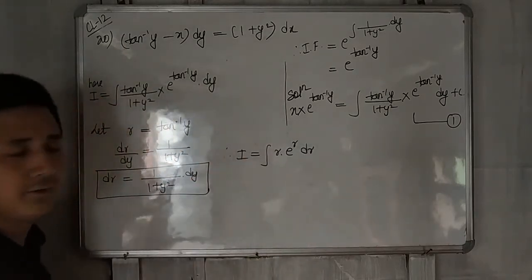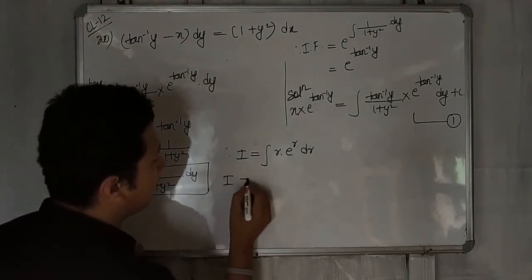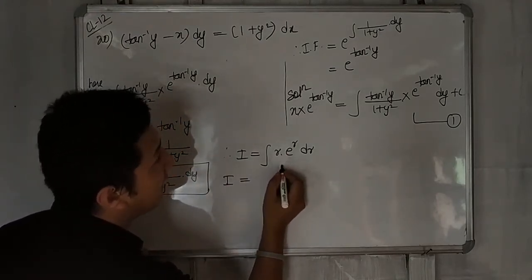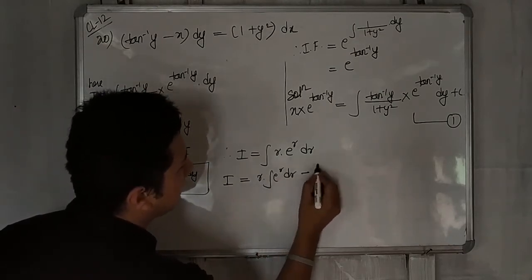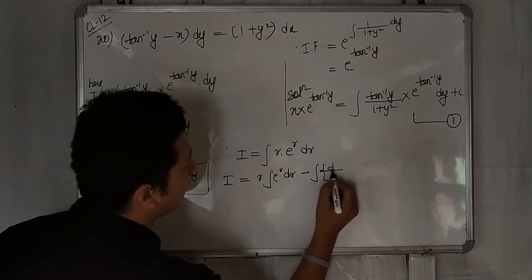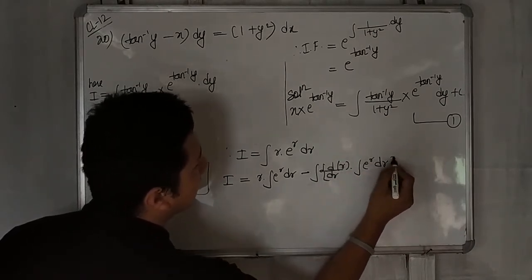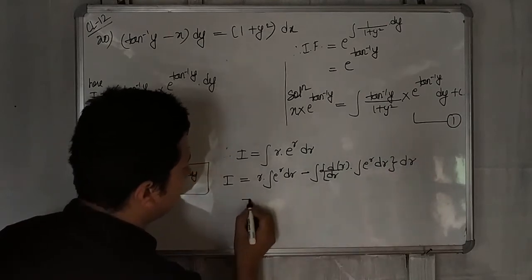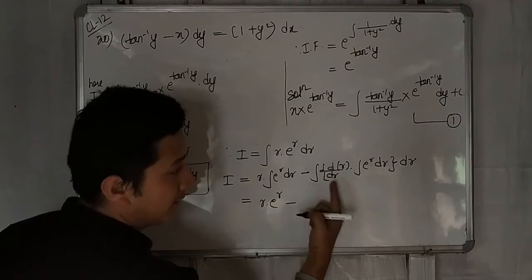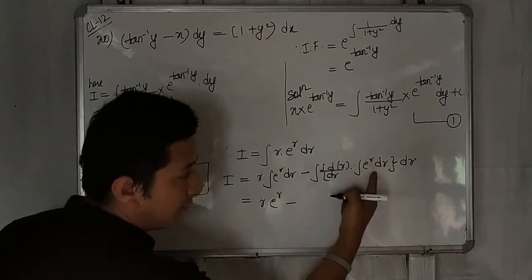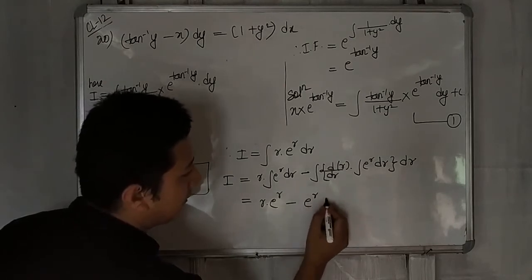And again I have to use now integration by parts. It's a bit lengthy, okay, so I equals, which is my first function by ILATE, r, e to the power r dr minus differentiation of r, integration of e to the power r dr, and then dr. Let's do it quickly. R e to the power r minus, this will be 1, this will be e to the power r, e to the power r into 1 is e to the power r, and again e to the power r plus c.